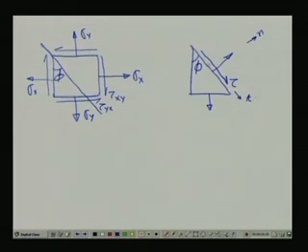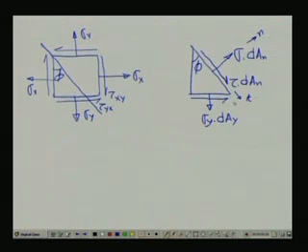What is the force acting onto this plane? This will be just sigma into dAn, the normal area. What is the force acting due to the shear stress? This is tau into dAn. The force here is sigma y into the corresponding area, which we consider as dAy.